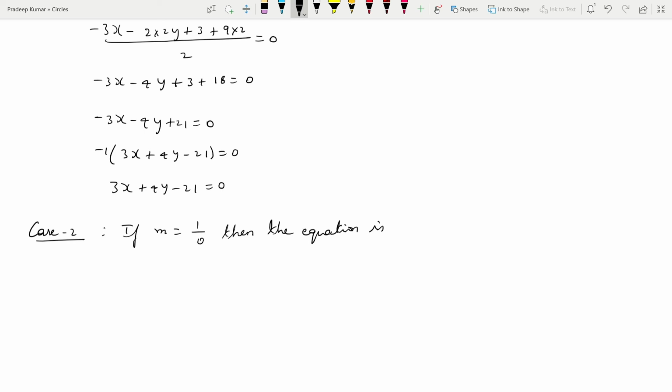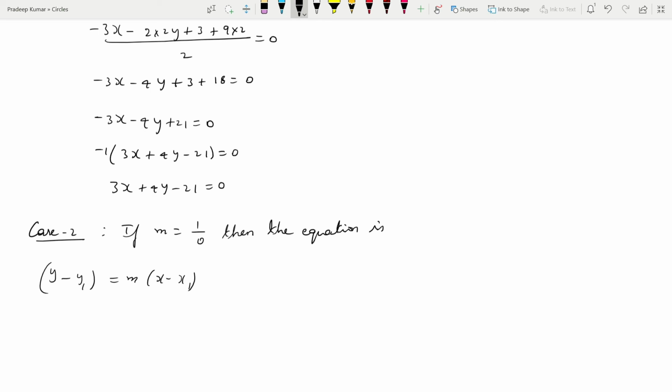You might remember the equation before substituting the P value, that is y minus y1 equal to m into x minus x1. You can go back and check. Once we got the P value, the point where the two tangents were meeting, this is the equation which we have taken and substituted the P value.